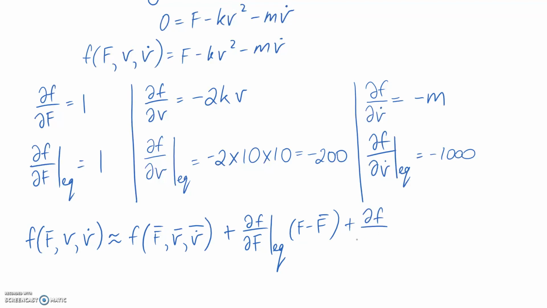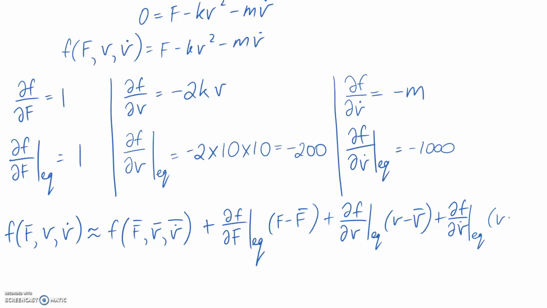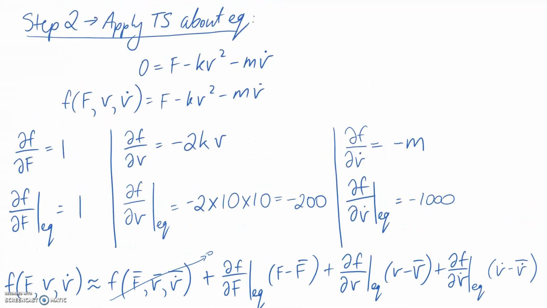So just writing that out for the last two, v and then v dot. Sorry, I missed the equilibrium. Cool. So substituting in here, what we should find is that when we evaluate the function at equilibrium, it should go to 0. If it doesn't, you have made a mistake, and you can always check it just by substituting into this function with all the equilibrium values.